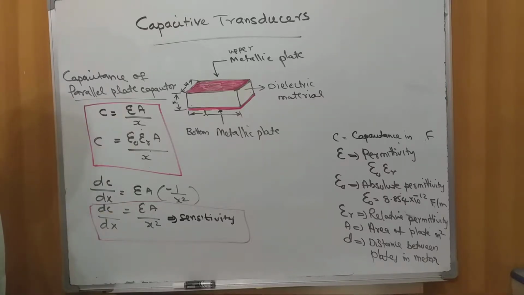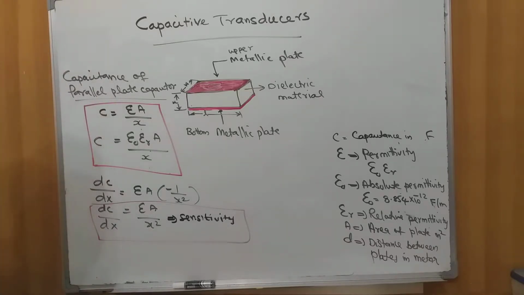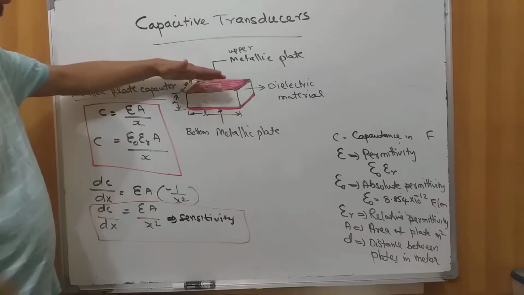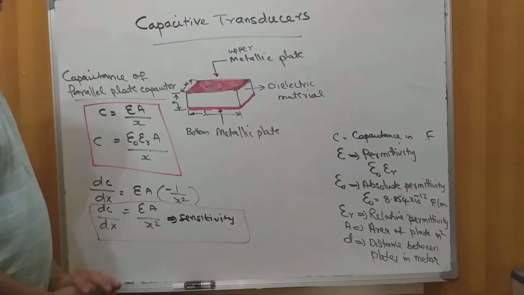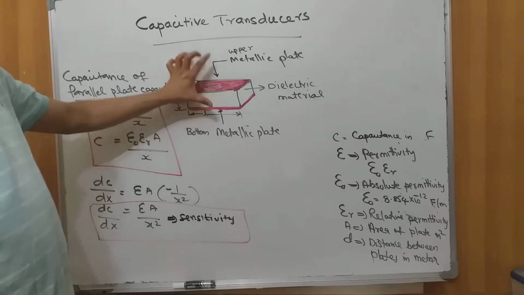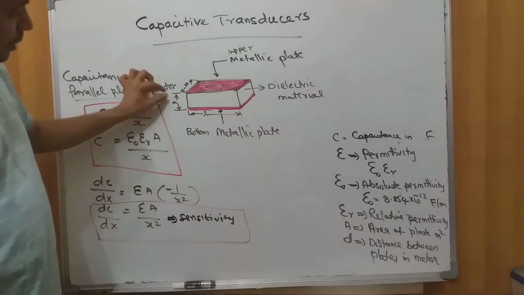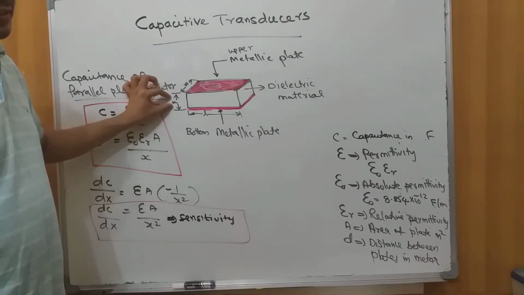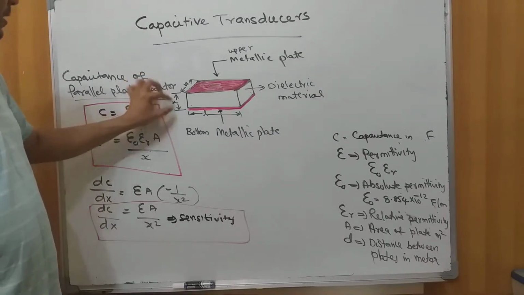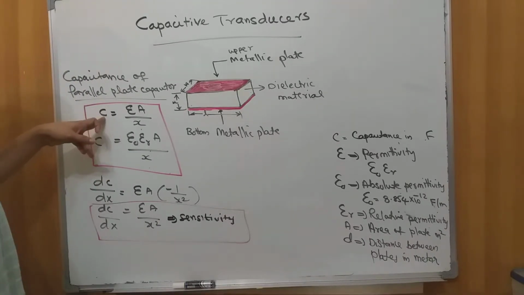Now this dielectric material could even be air. Air can be considered a dielectric material. Suppose you expect a vertical motion, a vibration or displacement in the vertical, up and down direction. That will cause a change in X, and this change in X is going to change the capacitance value.